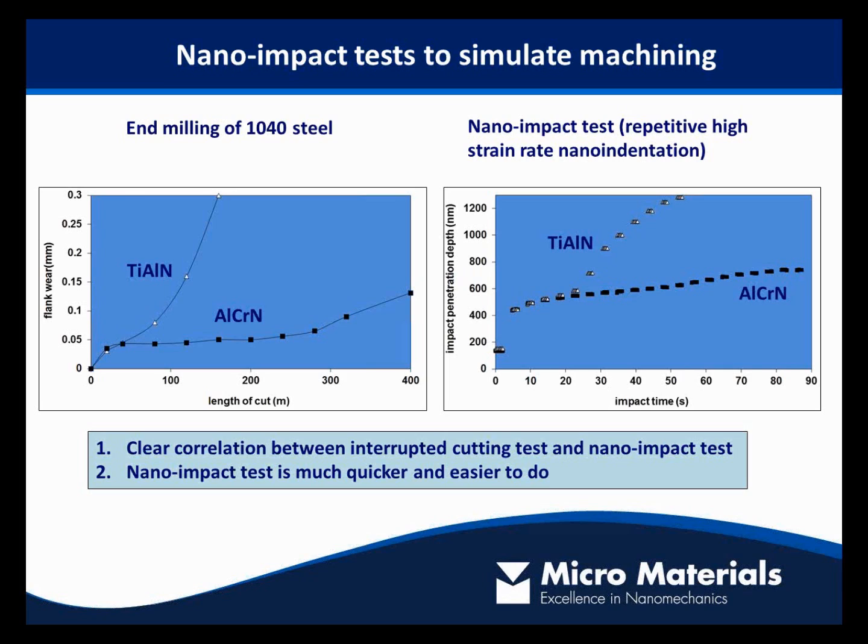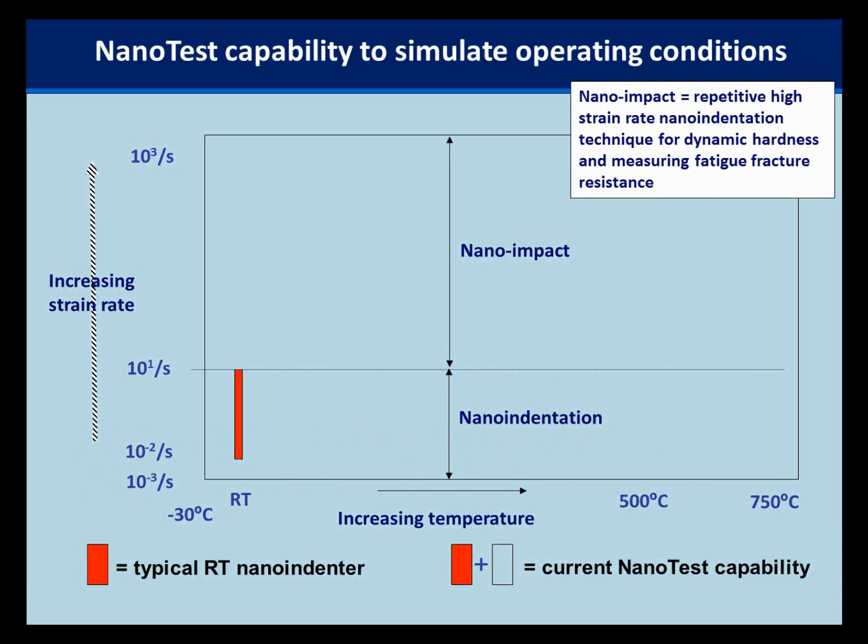So you're reproducing that fast fracture on the titanium aluminium nitride and that more gradual fatigue failure on the other one. So you have a very quick test. This is only taking on the order of a minute for each of these tests. Therefore, you can set up lots of these tests and look at the statistics of your impact processes, and that allows you really to speed up the pace of your coating development. It allows you to pre-screen promising compositions more quickly.